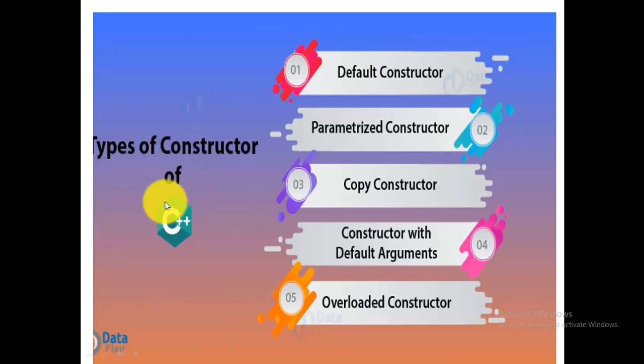So, types of constructors in C++. There are many types. The first is the default constructor. The second one is the parameterized constructor. The third one is the copy constructor. And then constructors with default arguments and overloaded constructors.